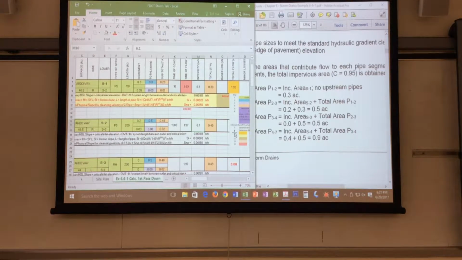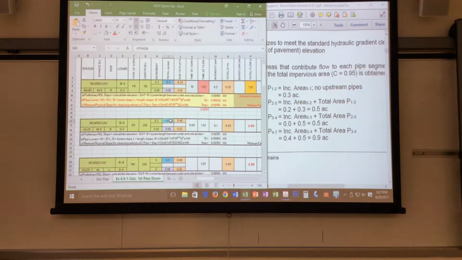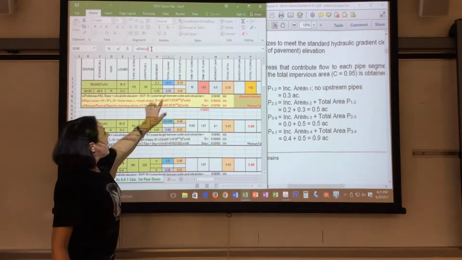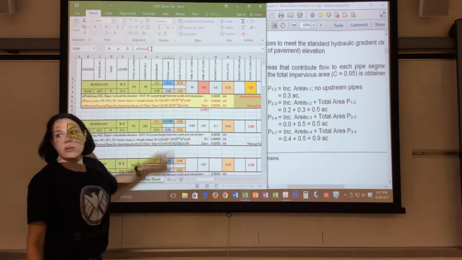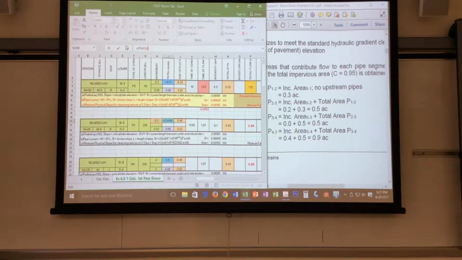So what you're going to do on the next one, it says P2 to 3, incremental areas S1 to S2 plus P1 to P2. So notice that the next one on this is 0.5. And the reason it's 0.5 is because I'm adding 0.2 and 0.3. So that incremental area that's going to that inlet is 0.5.